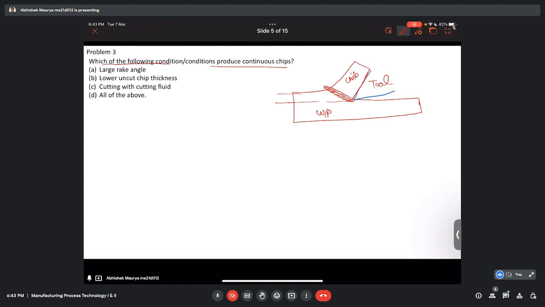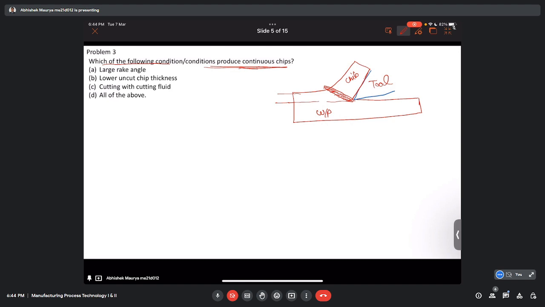And from our existing knowledge, when we see fracture or breakage in a material, it happens when our material becomes a little brittle. So continuous chips come when we machine some ductile material first of all. So continuous chips take place in the case of ductile materials.